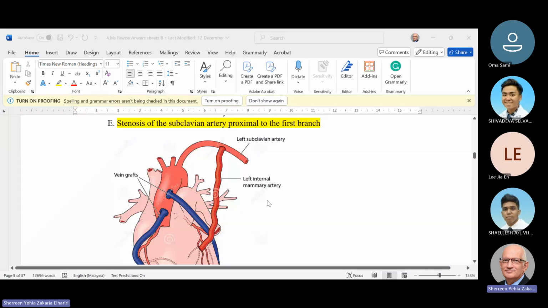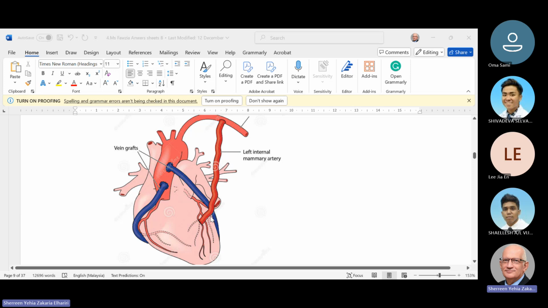This is what happens nowadays in coronary surgery. This is the arch of aorta, this is the subclavian. The internal mammary is one of the branches of the first part of the subclavian. We take it and insert it in the heart to mimic the coronary. So it is an artery, the coronary is an artery, instead of taking the long saphenous vein or any other structure.